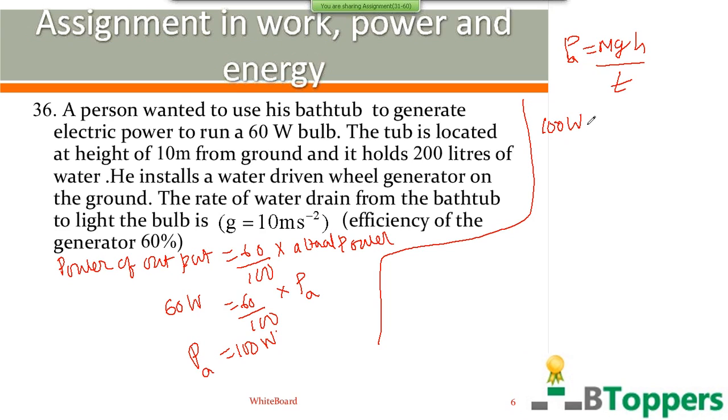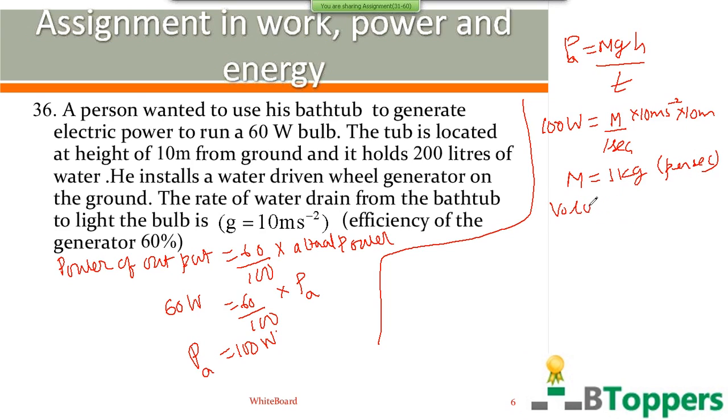The power to be generated is 100 watts. Let m denote the mass of the water that falls per second, in a time interval t equal to 1 second. g is 10 meter per second square. h is given to be 10 meters. That means 1 kg of water must be falling per second.